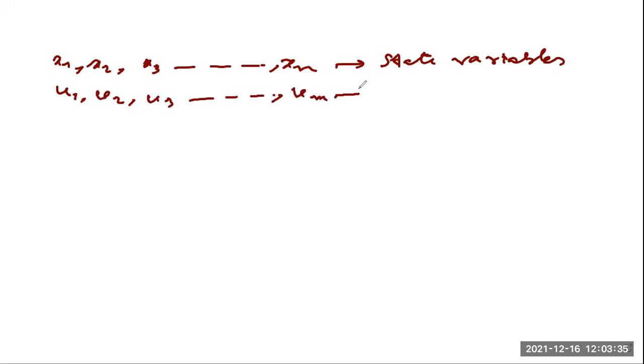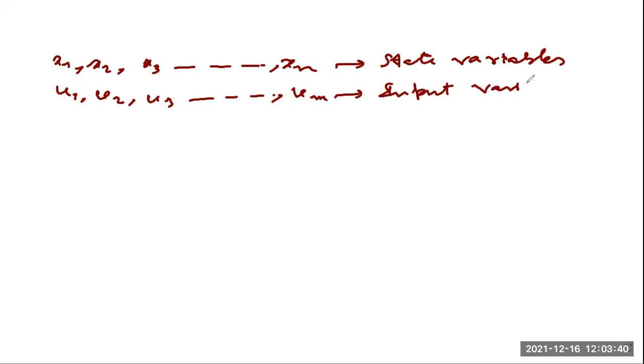These are your state variables. Then you have u1, u2, u3, these are your input variables.